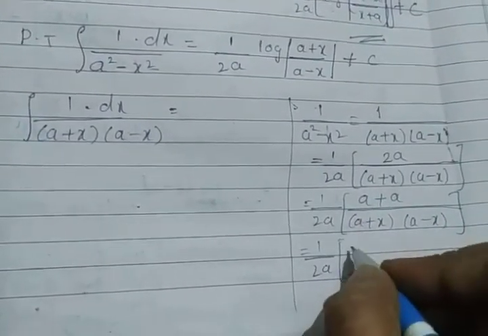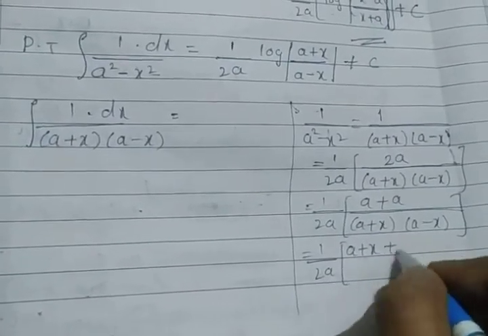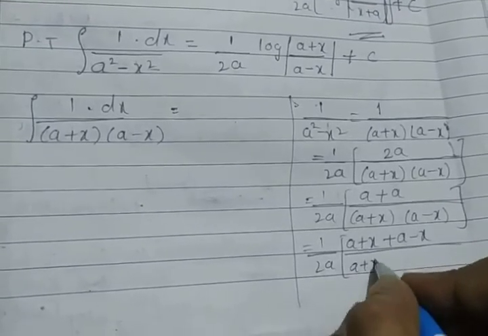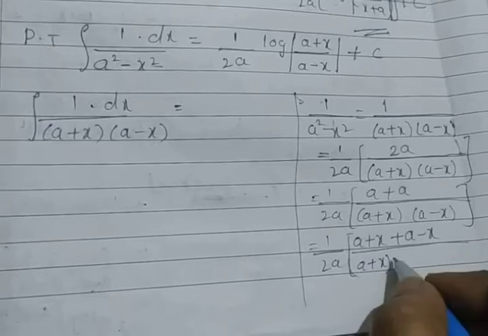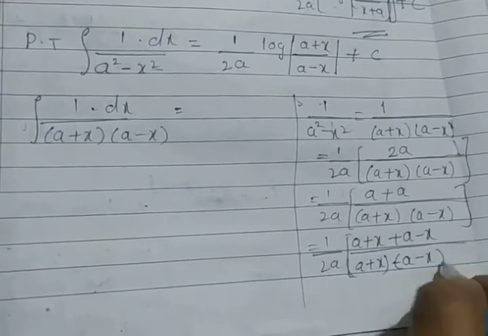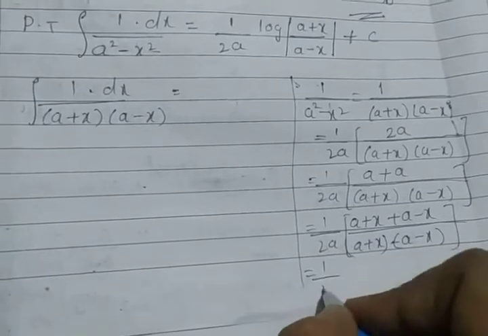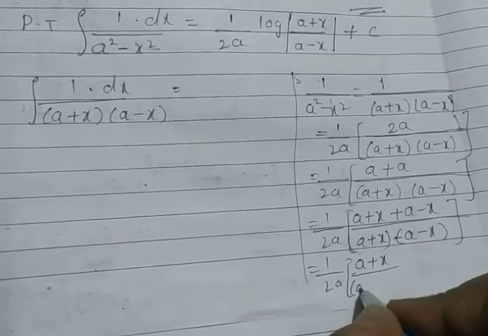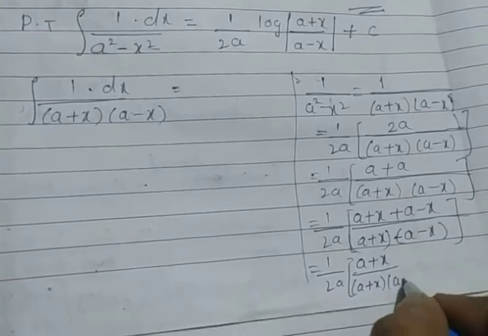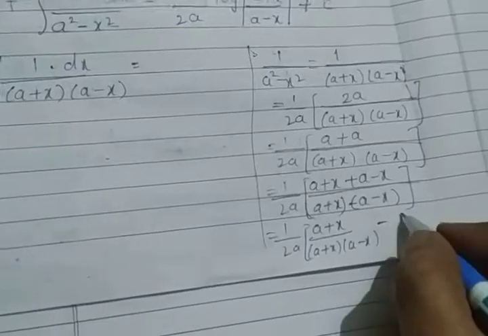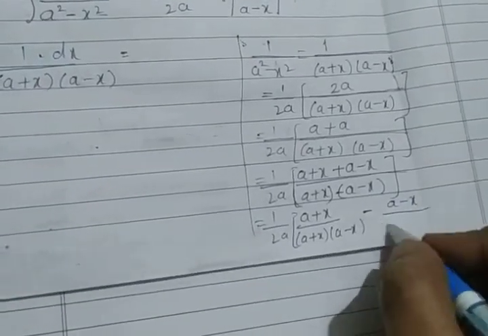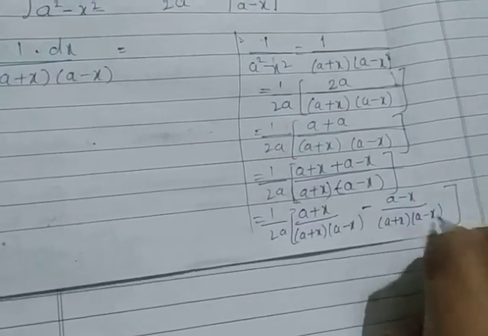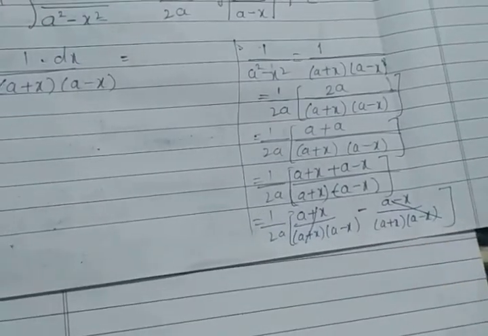1 by 2a into (a plus x plus a minus x) divided by (a plus x) into (a minus x). 1 by 2a into (a plus x) divided by (a plus x) into (a minus x) minus (a minus x) divided by (a plus x) into (a minus x), which gets cancelled.